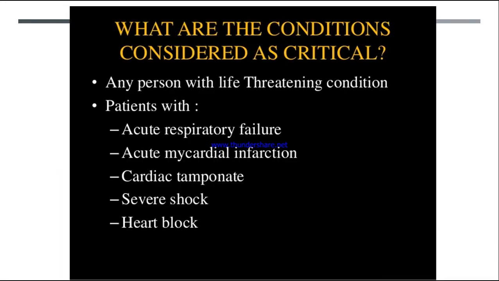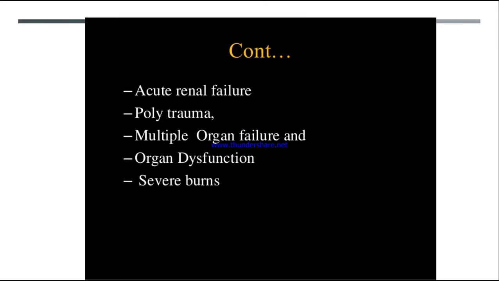What are the conditions that are considered as critical? What are the critical conditions or disease conditions, so that we can say the patient is critically ill? These are acute respiratory failure, acute myocardial infarction, cardiac tamponade, severe shock, heart block, acute renal failure, polytrauma, meaning injury in many organs, not only in one organ but many organs are injured or damaged.